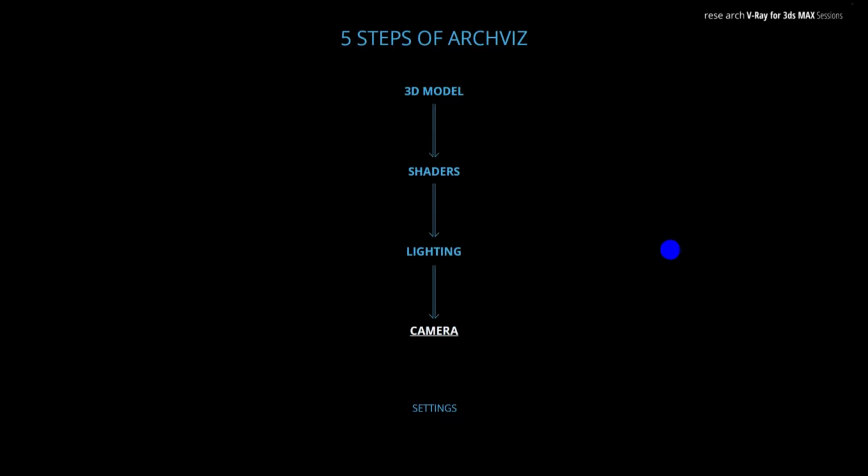Another item on the list is the camera, which again makes sense because you cannot really make a picture without a camera, unless you paint it on the canvas, which would be a different case. But in our case, we are trying to make photographs, and we are creating them with our software.